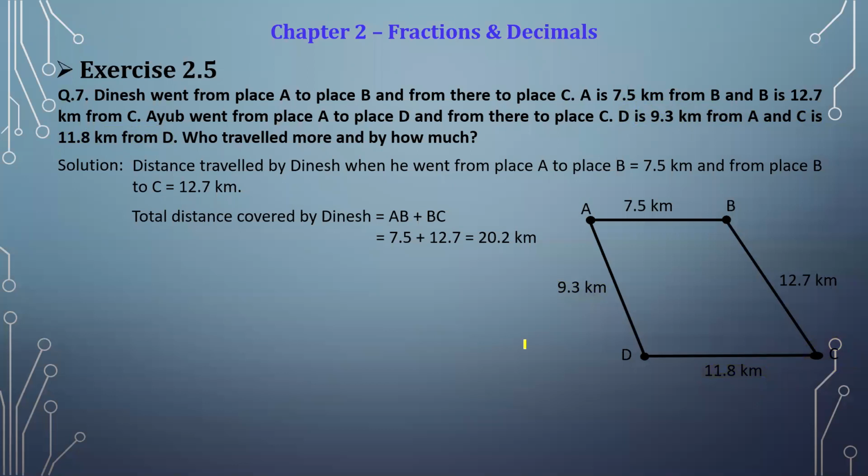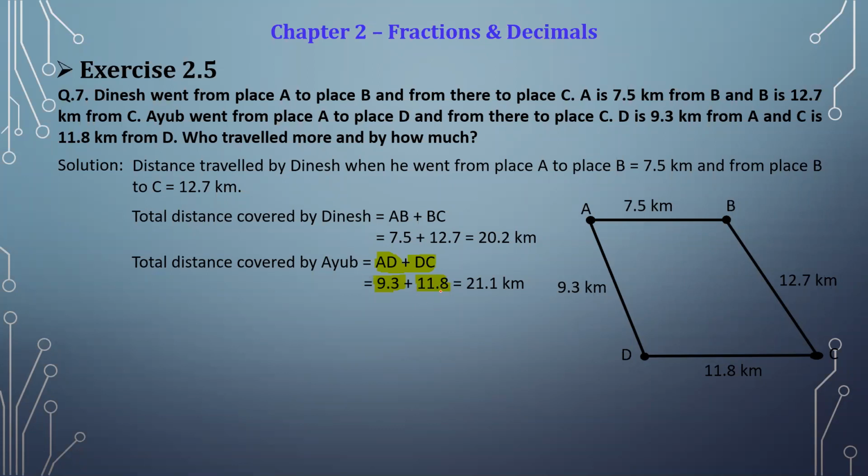Now we have to consider the total distance covered by Ayub. In the same manner as for Dinesh, we can add these two distances, AD plus DC. The value of AD is 9.3 and the value of DC is 11.8, and we just add them in a similar manner as in the first case.